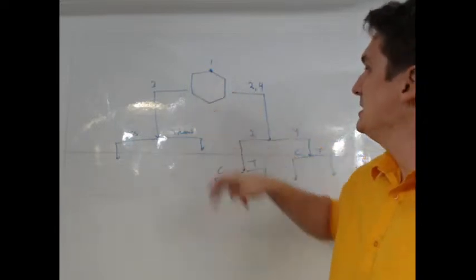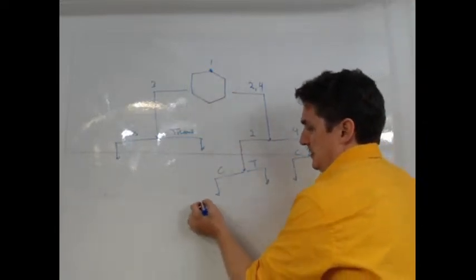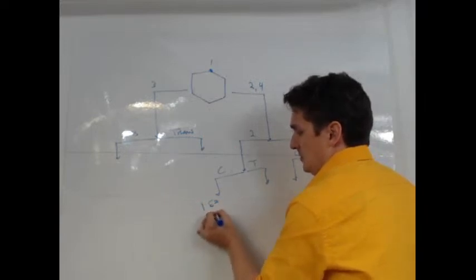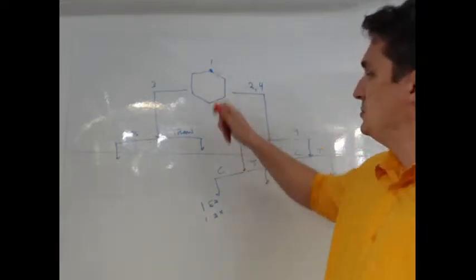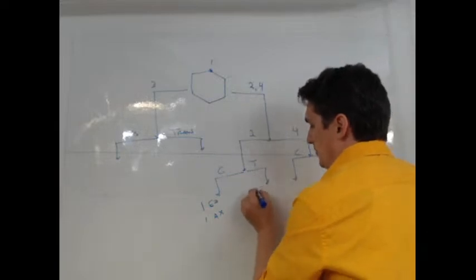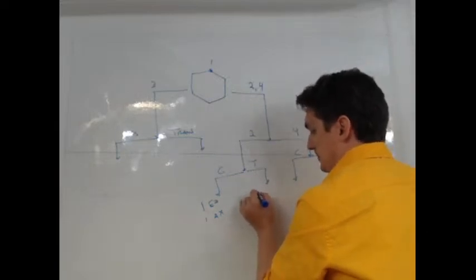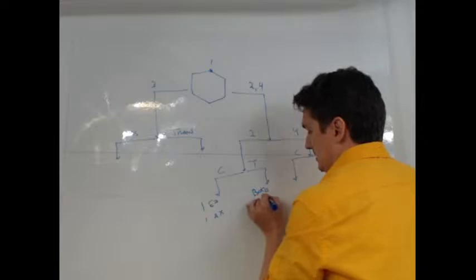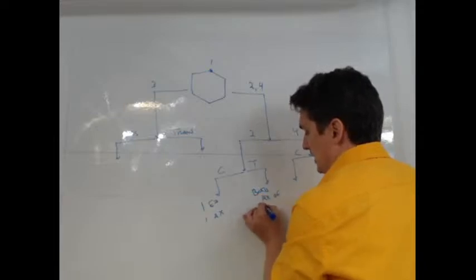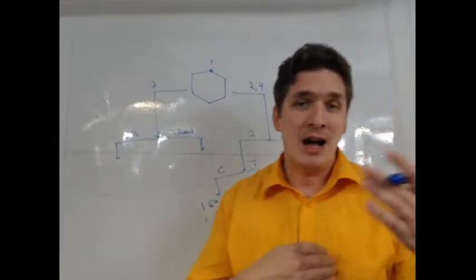If they are both cis, then there's going to be one equatorial, one axial. If they're trans, they're going to be both axial or equatorial. And if they're axial, they're going to be on opposite sides.